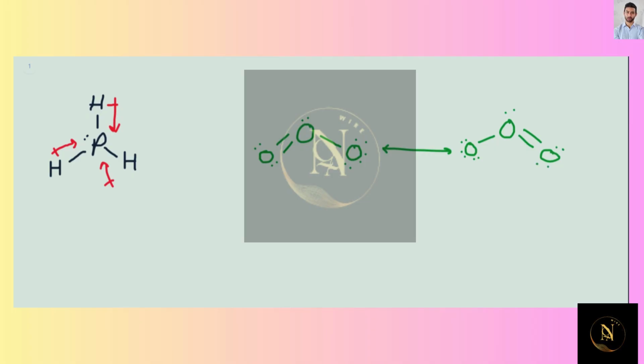Your double bond can be either in this O-O bond or this O-O bond. So these are two resonance structures, so the overall structure is going to be this. There's a partial double bond character on both of these oxygens.